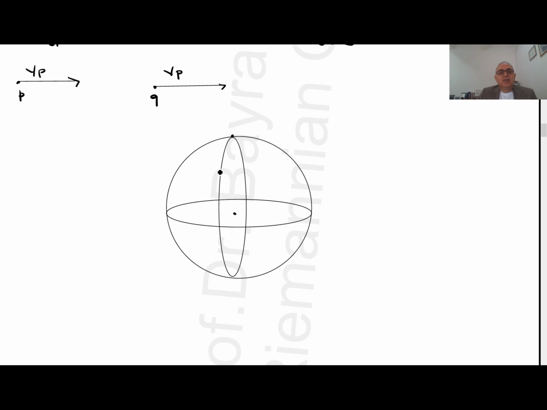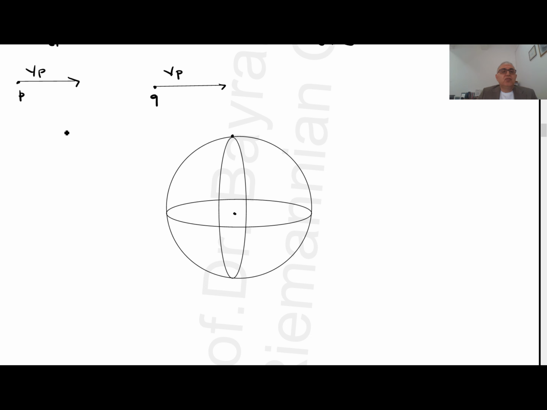So I consider this curve. This is a geodesic, as we know for the sphere.